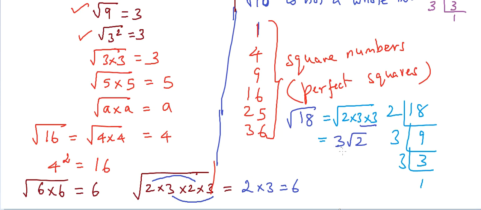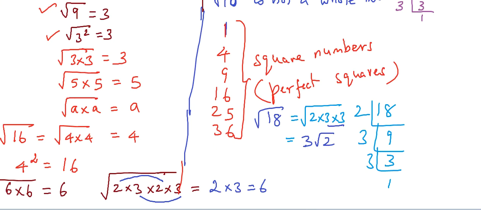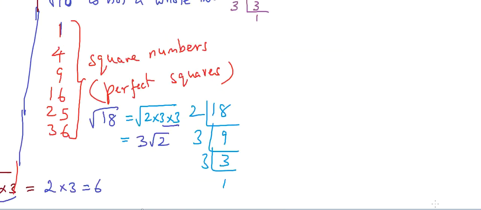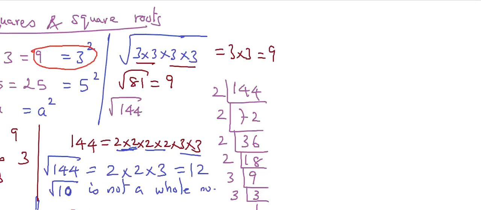So 3 root 2 is not a whole number. Okay, let's see some more examples.